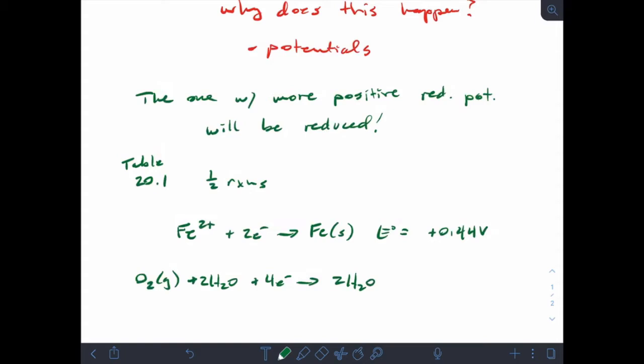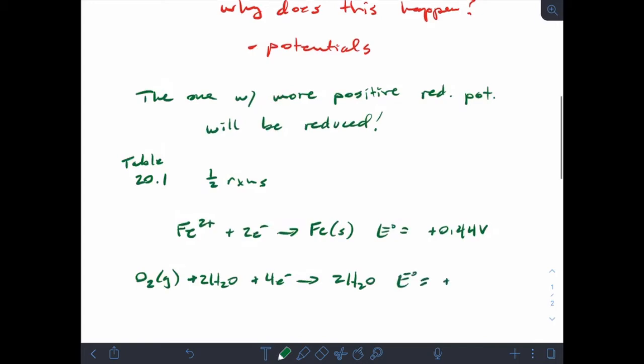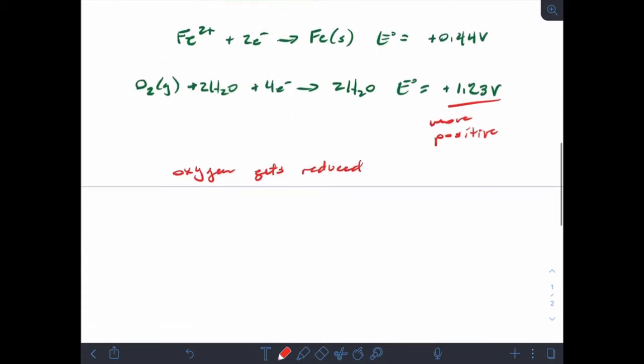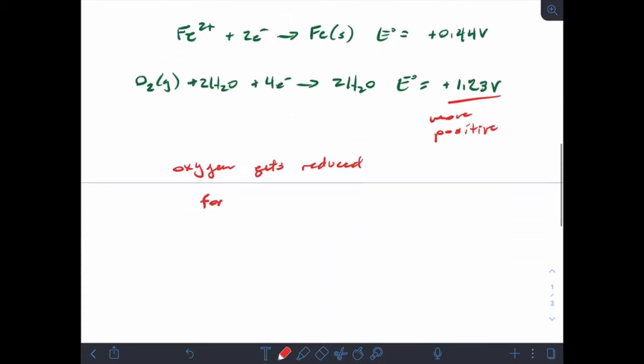But anyways, its E0, which is really our focus here, is plus 1.23 volts. So more positive than the reduction potential for iron. So that means that oxygen gets reduced, forcing iron to be oxidized.